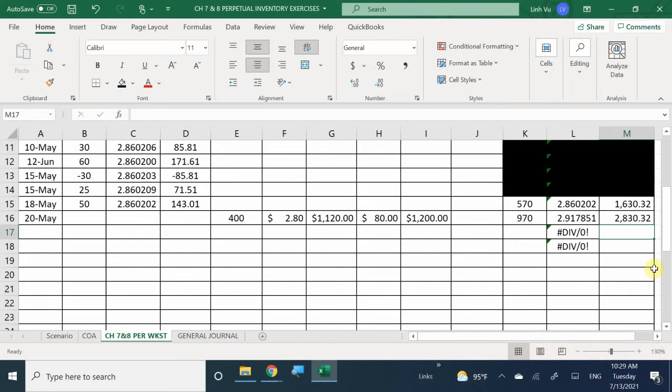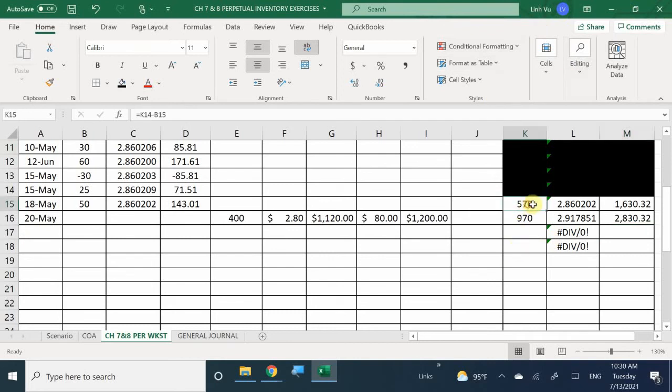Excellent. I recalculated that. Now my cost per item has definitely gone up because this time my purchase price went up 5 cents. So in this case, my whole entire thing also went up 5 cents.